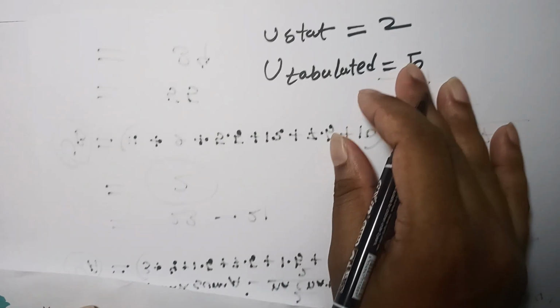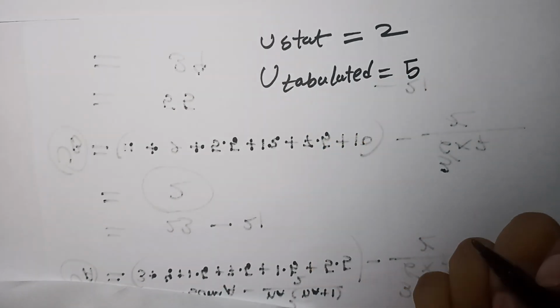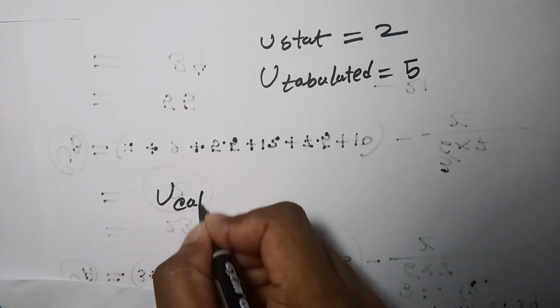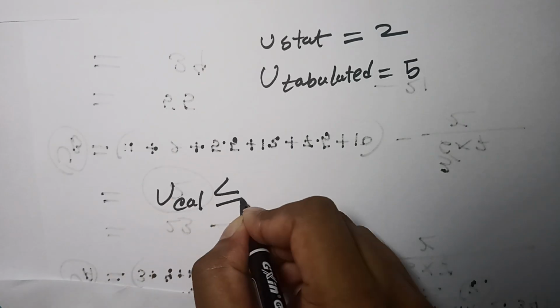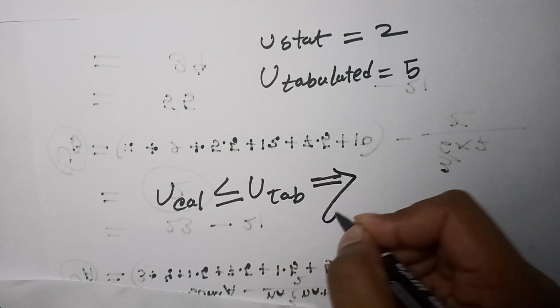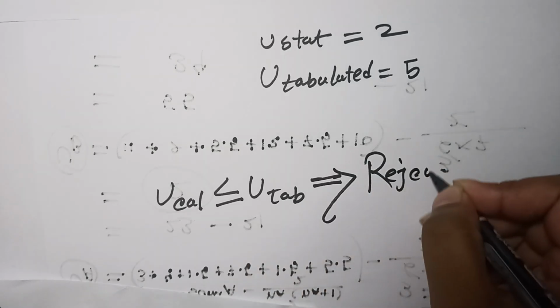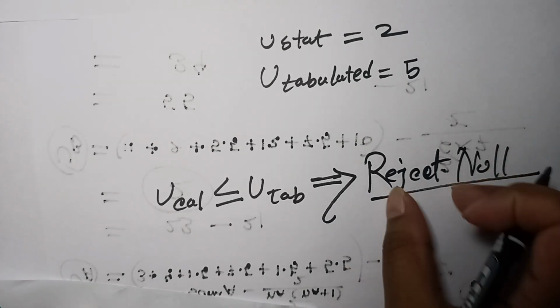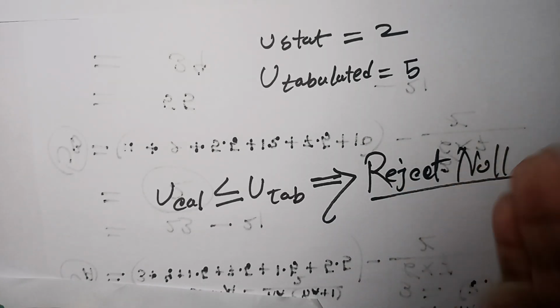Now the major and main part, the decision that we have to make. See, when your calculated value is less than your tabulated value, reject the null. Another question, what is our null hypothesis?